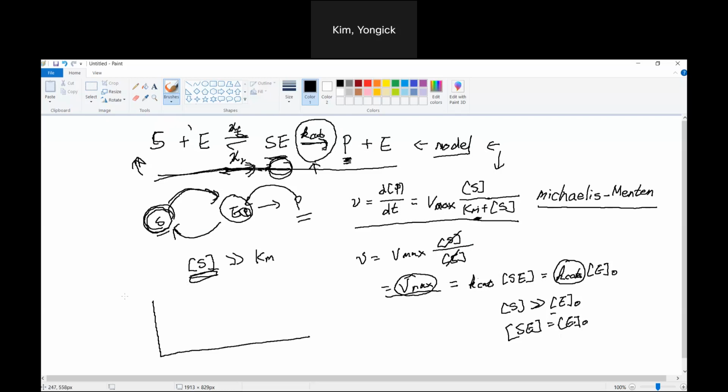We need to measure the rate constant and draw the graph of reaction rate and substrate concentration.